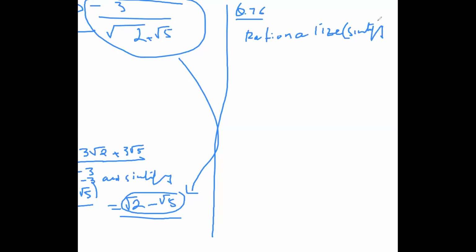As you saw, after we rationalize, the expression becomes simpler. That's why we say rationalize, or in some cases the question could say simplify. So 76 is 5 over 3 radical r plus radical 8.